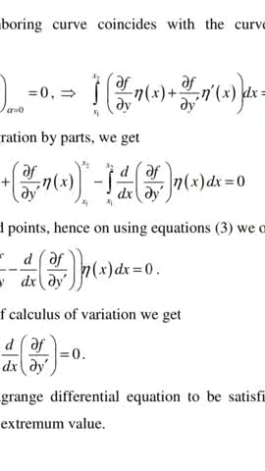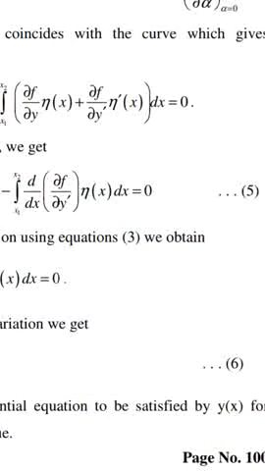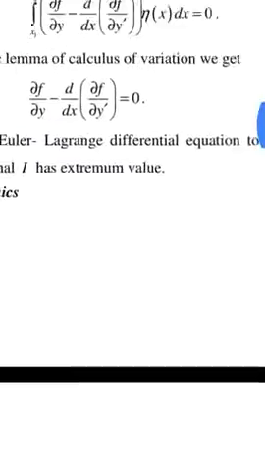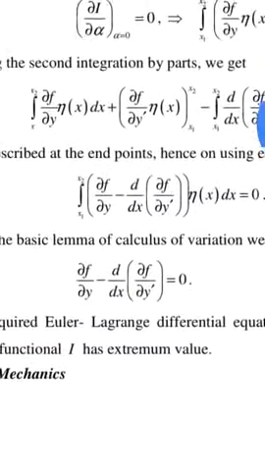That is, the integral from x1 to x2 of del f by del y eta of x plus del f by del y dash eta dash of x dx is equal to 0.